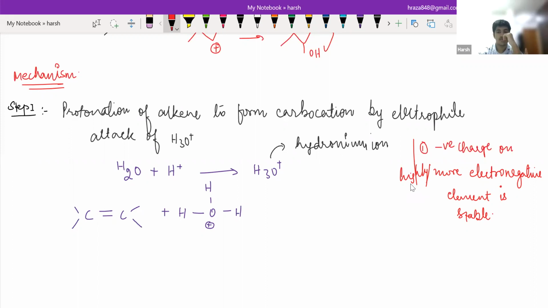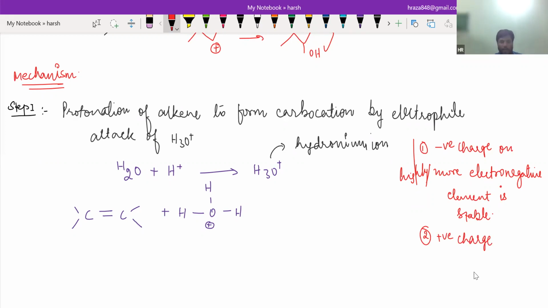In both ways, you have to think. If there is a positive charge on a less electronegative element, that is stable. And if a less electronegative element gets a negative charge, that is unstable.